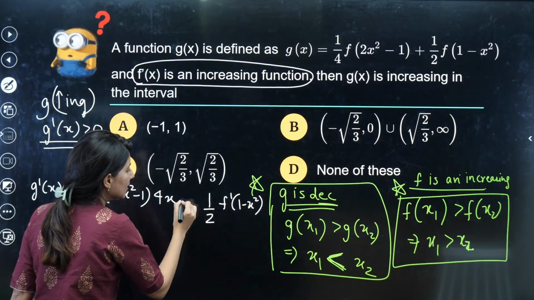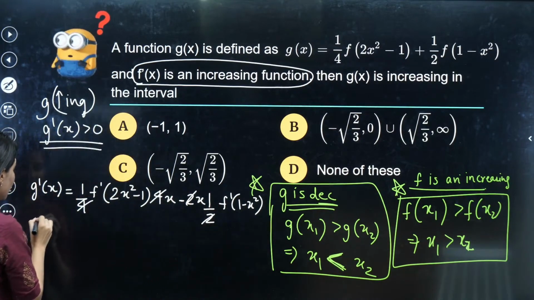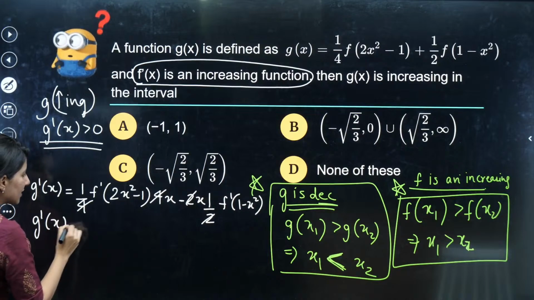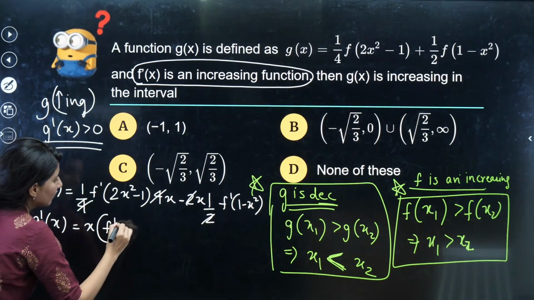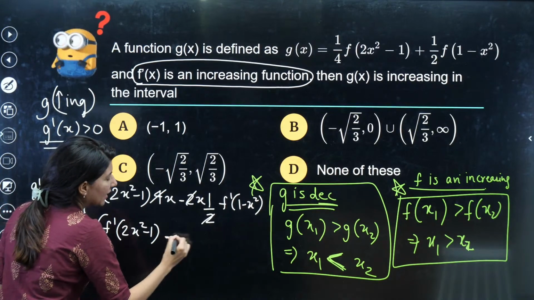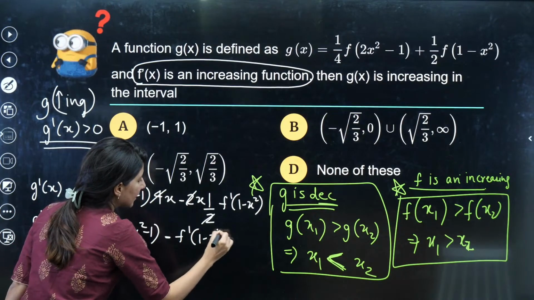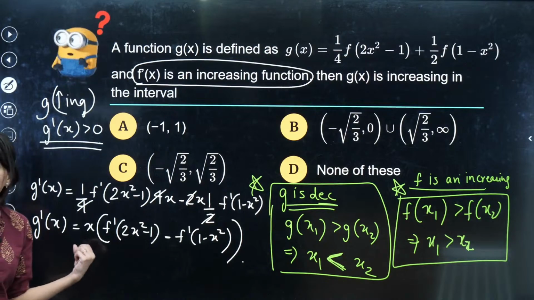Differentiating this gives minus 2x. Can you see, 2 2 cancel, 1 by 4 cancel. So g dash x is nothing but, if I take x common, x times f dash of 2x square minus 1 minus f dash of 1 minus x square. This is your g dash x. X has been taken common.